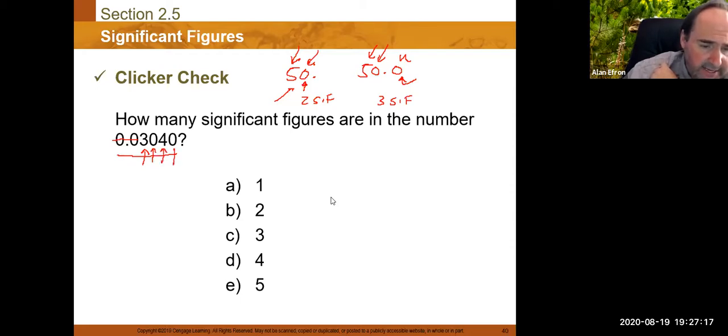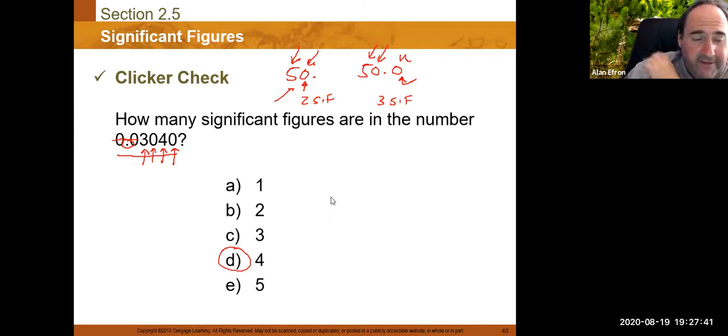This 0 at the end is significant because there is a decimal place. So again, it does not have to be right next to it or anything like that. So the correct answer here would be 4 significant figures in this particular case. Yes, I believe that is correct.